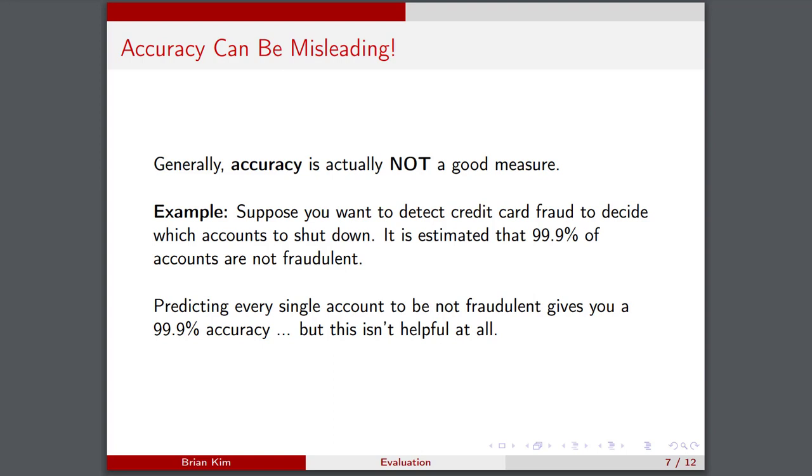You're not predicting anything to be fraudulent, which is really the point of the whole process anyway. We aren't detecting any credit card fraud. So in these cases, where we have such a large imbalance between your true and false cases, your positive and negative cases, something like accuracy isn't going to be very good.